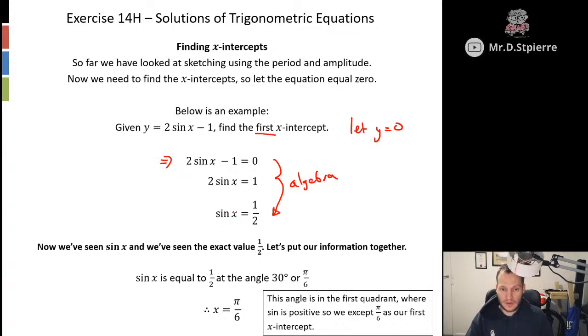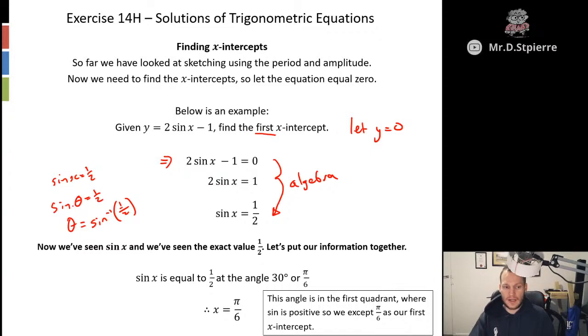We've got sine x equals half, where x is an angle. You're probably used to also seeing sine theta equals half. If you're using your calculator, that would be the next step, but we know it's asking what angle gives us a sine value of half.